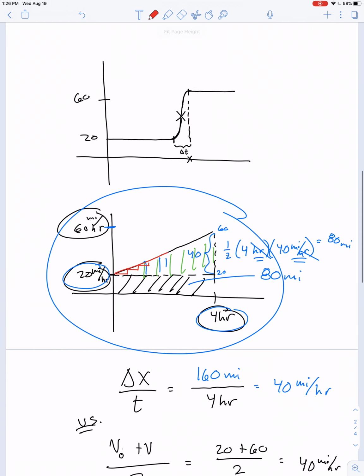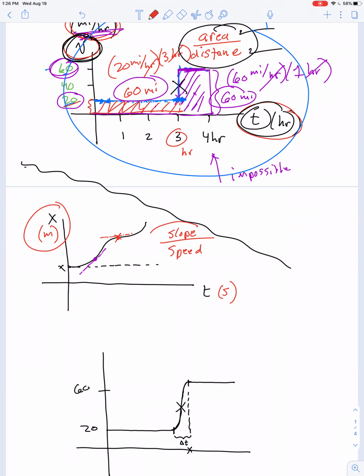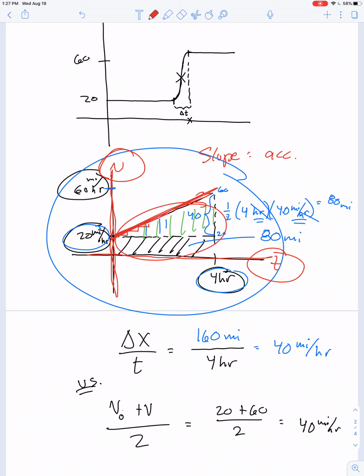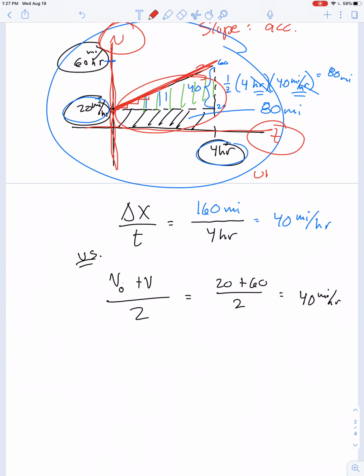In the same way that the slope on a position versus time graph tells you about the speed, the slope on a velocity versus time graph is an indication of acceleration. So we're often not just looking at the values plotted on a graph. We're also looking at areas and slopes as a way to find out more from the graph. So in any case, this is a uniform acceleration.